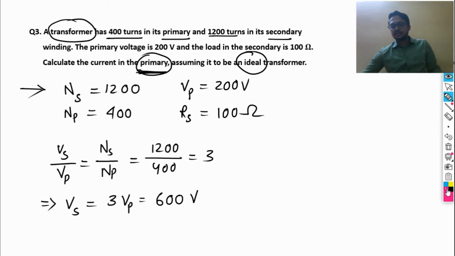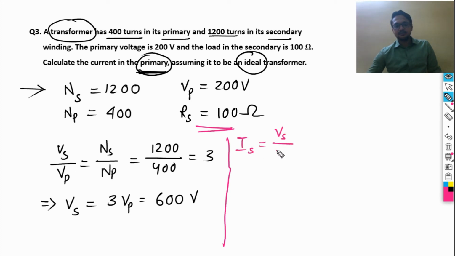So we got the secondary voltage. Now secondary resistance is given, so we can find secondary current. I secondary is V secondary by R secondary. V secondary is 600, R secondary is 100, so the answer will be 6 ampere.